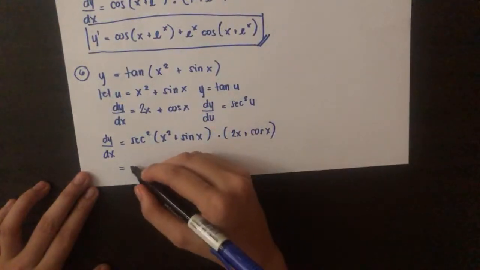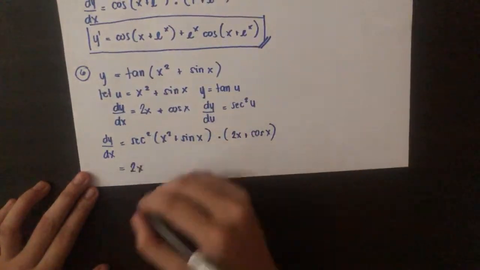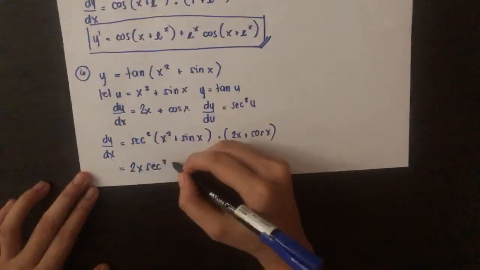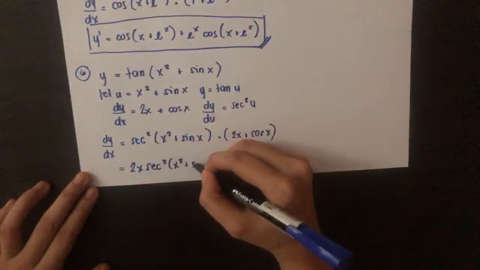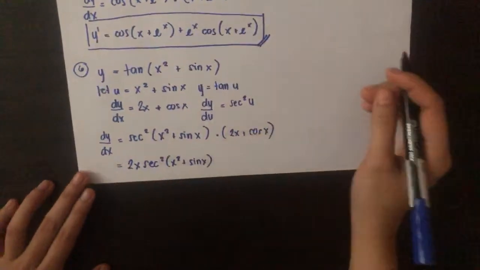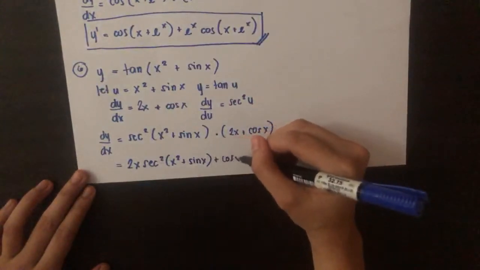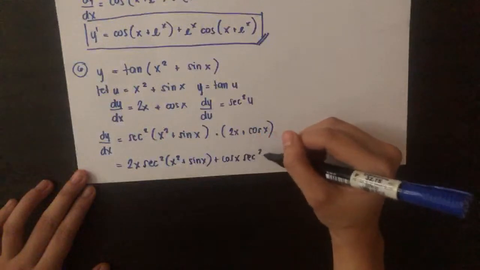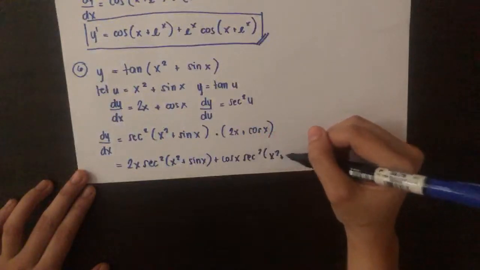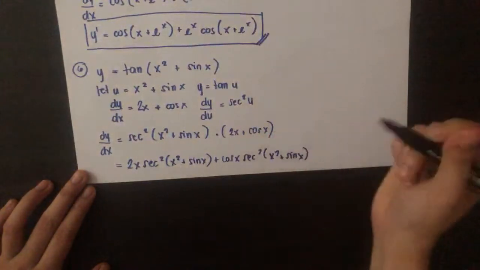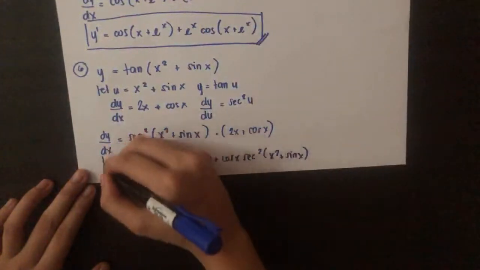We have 2x secant squared (x squared plus sine x) plus cosine x secant squared (x squared plus sine x). So, that's our final answer.